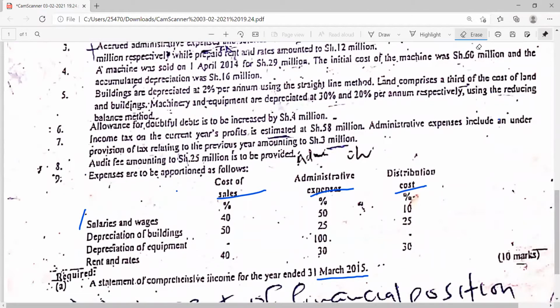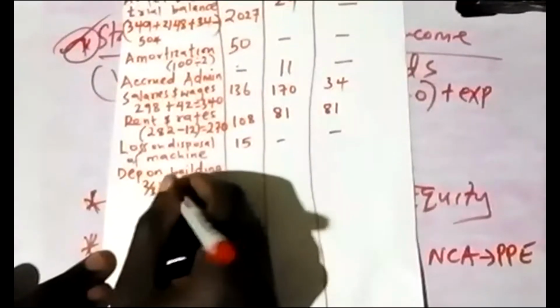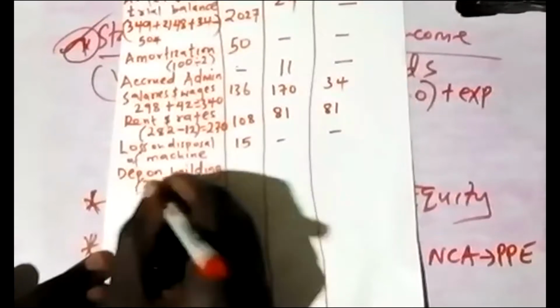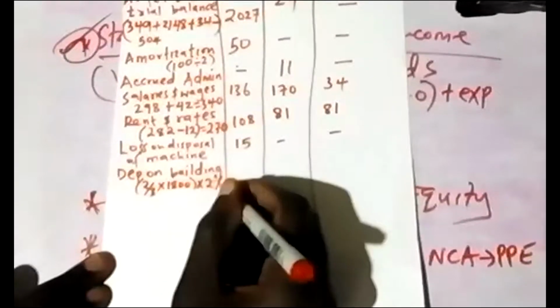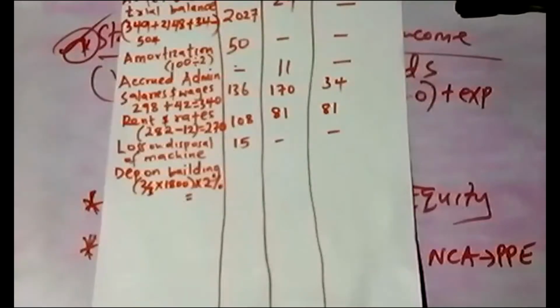So you take 2/3 of 1,800, and once you get that, you multiply with the 2%. So you are getting 2/3 of 18 times 2, that is 24.